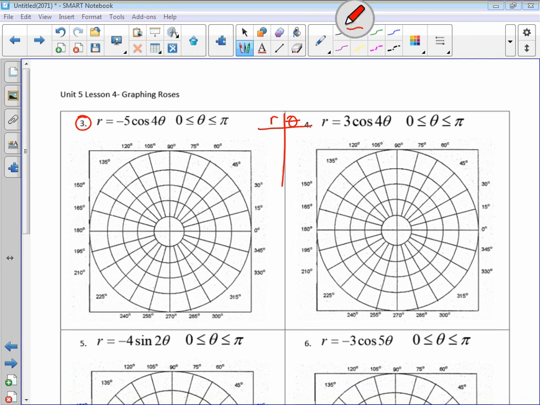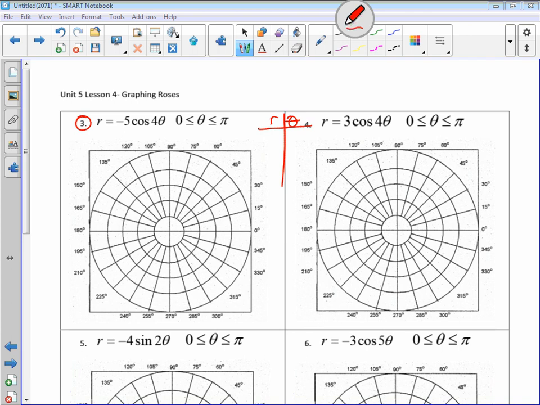How are we doing, guys? You can't find any points to go through the origin. Wait, so there's some points in the list of 2 pi that would be... Yes.